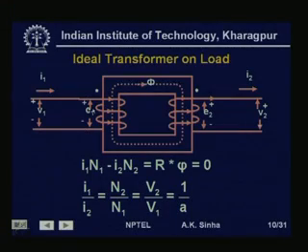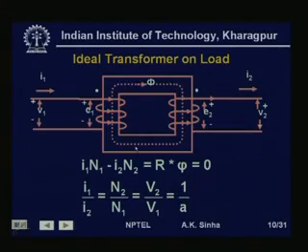Now, as we have seen, the voltage induced here is equal to N1 into d phi by dt. If the flux produced by this winding is opposing the flux produced by the first, the resultant flux in the core is going to reduce. If this resultant flux reduces, the voltage here is also going to reduce, because it is equal to N into d phi by dt, where phi is the resultant flux in the core.